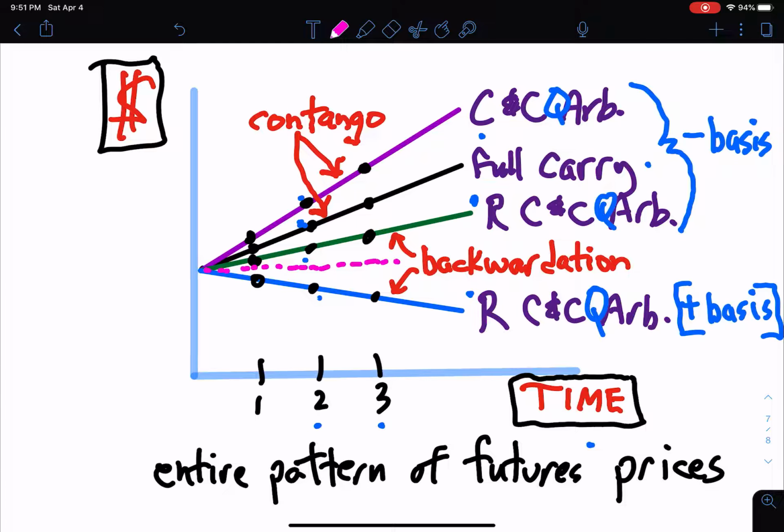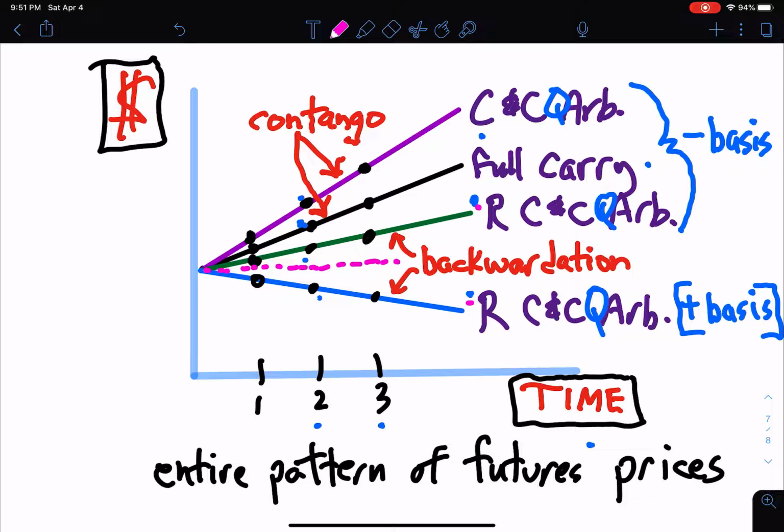And we can see the green line lies above that, and so you're still going to have a negative basis, but reverse cash and carry quasi-arbitrage is called for here. Here we had a negative slope line, and cash and carry quasi-arbitrage was still called for. Okay, so the purple line and the black line represent what are called contango markets. Negative basis, positive slope.